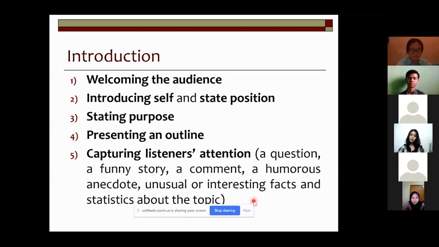And then don't forget to state your position, whether you are a student of such and such, or an officer of a company, or any kind of position.